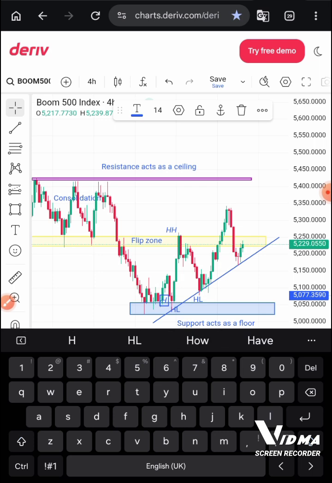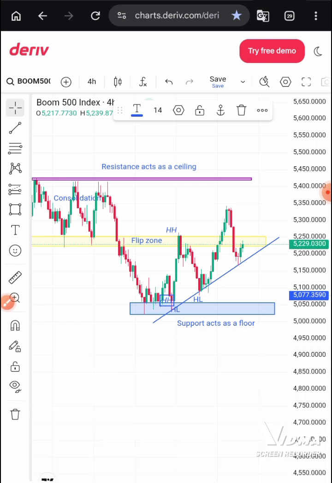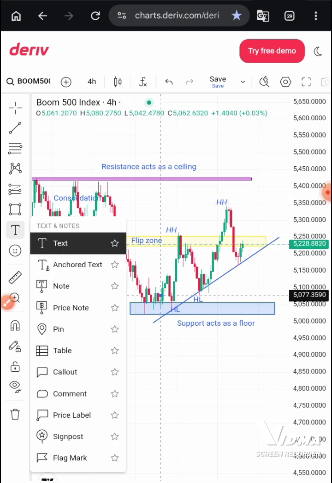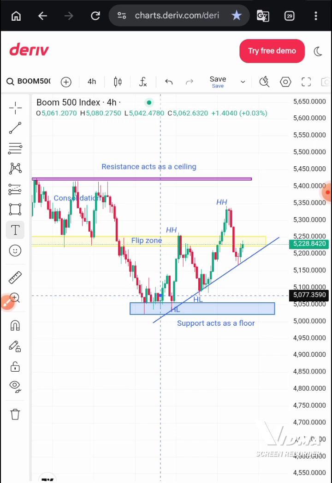Higher high. There we go. So I hope we are clear, okay? And then here there's a higher low, so I just have to highlight it so that we are all clear on what is happening here.